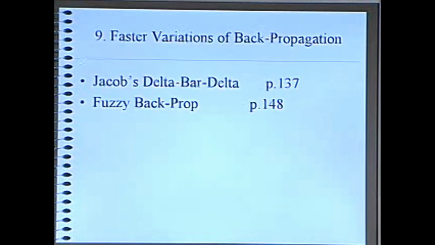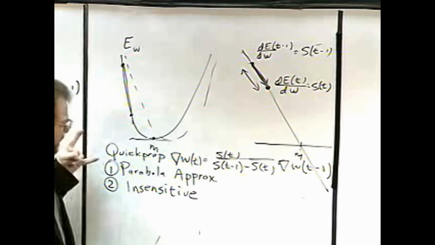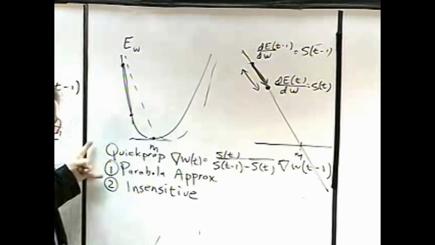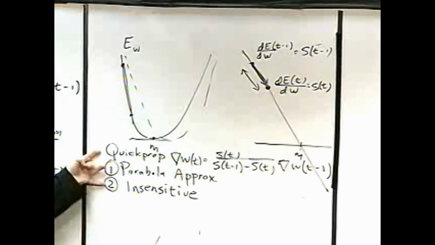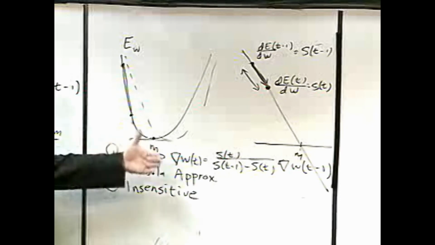By the way, there's something I didn't mention in the quickprop. In the quickprop, there's no concept of a learning rate here, is there? There's no eta. There's no free parameter to choose. So that's kind of nice. And each weight adapts differently.